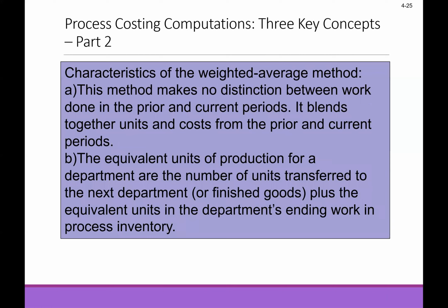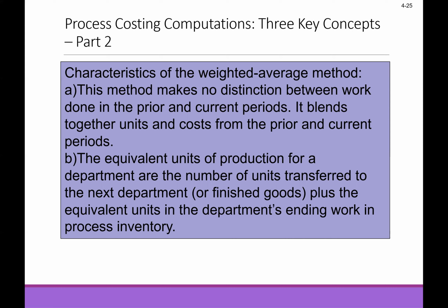Under the weighted average method, it makes no distinction between work done in the prior and current periods, and it blends together units and costs from not just the current period, but also the prior period.